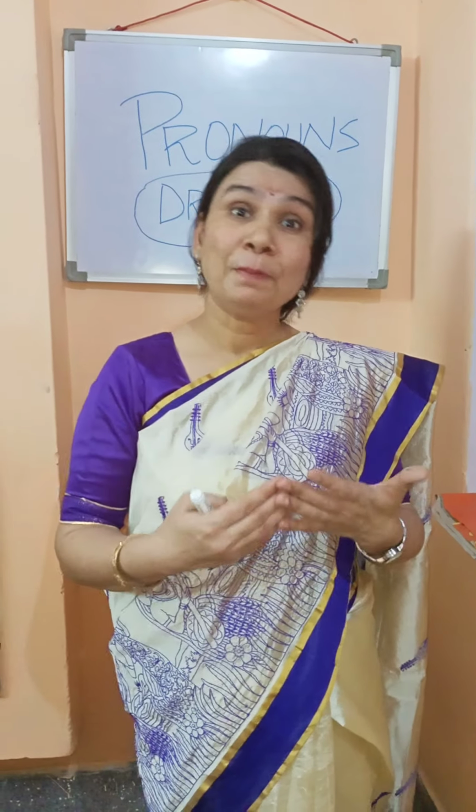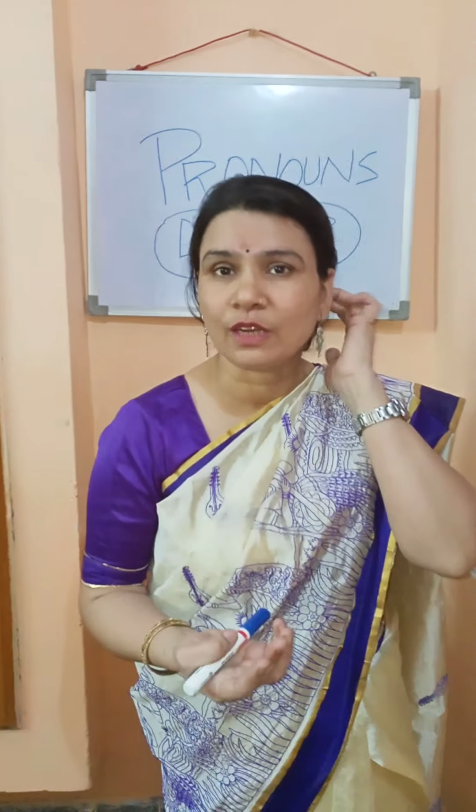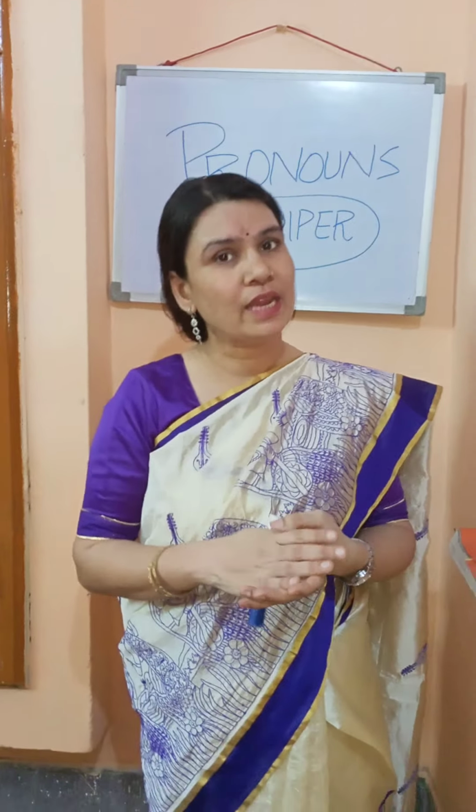So Dr. Piper, if you see, is having 7 alphabets in it, where D stands for demonstrative pronouns, R stands for relative pronouns, P stands for personal pronouns, I stands for interrogative pronouns, P stands for possessive pronouns, E stands for emphasizing pronouns, and R stands for reflexive pronouns.